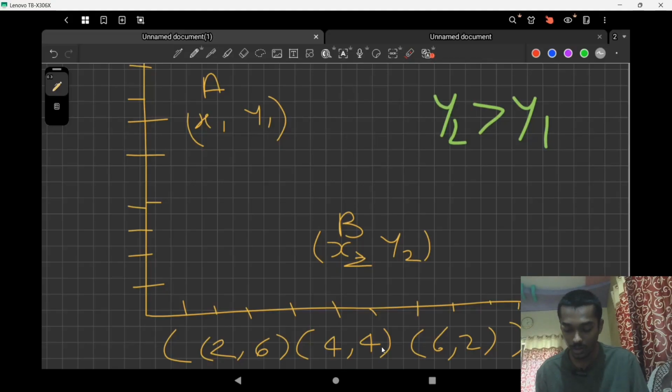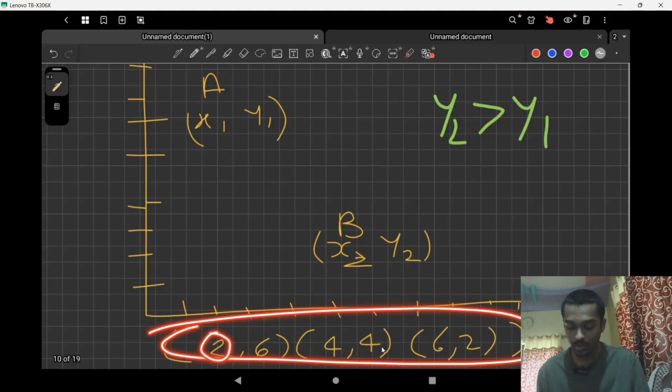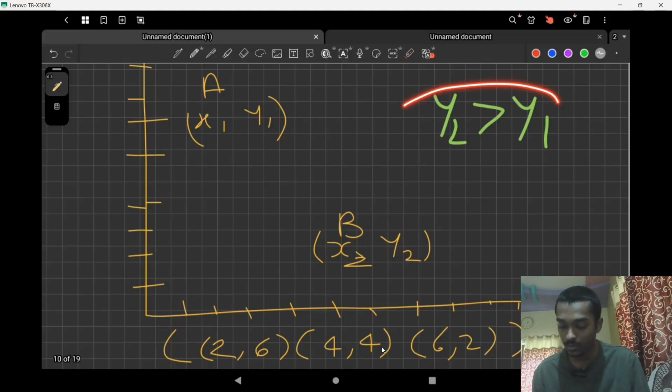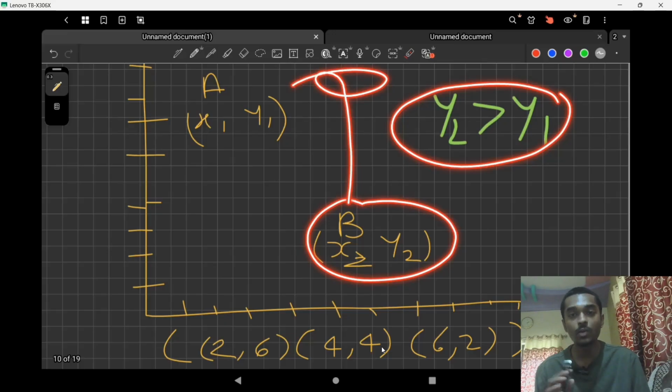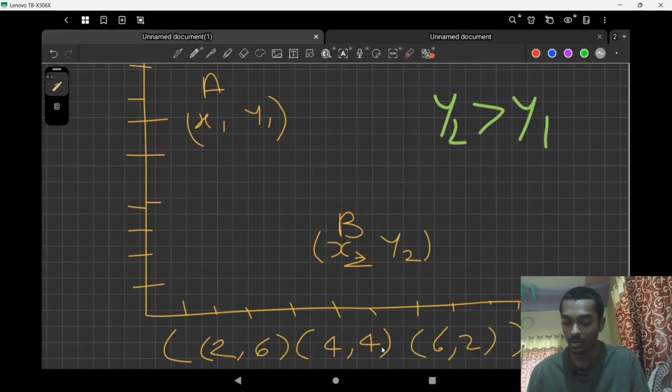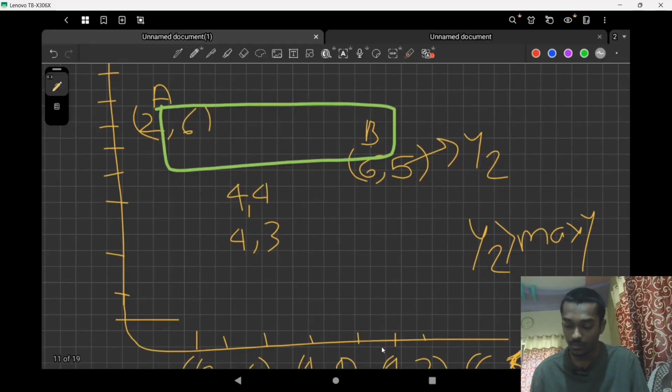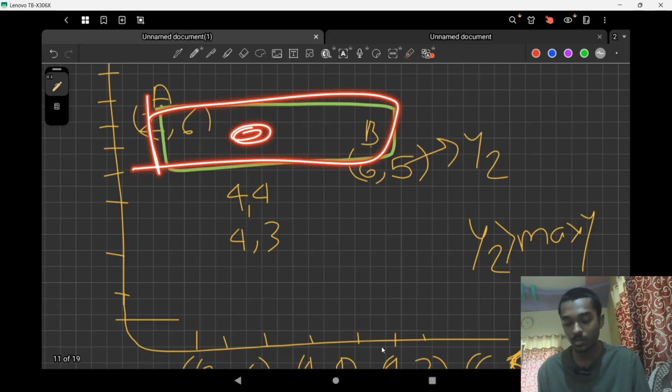So we are sorting our array on x1 in ascending order, right? If our y2 is greater than y1, that means this point is up here, then we have to continue. This is not a valid pair. Next, if we form a rectangle, and any point lies inside the rectangle, this is not valid.